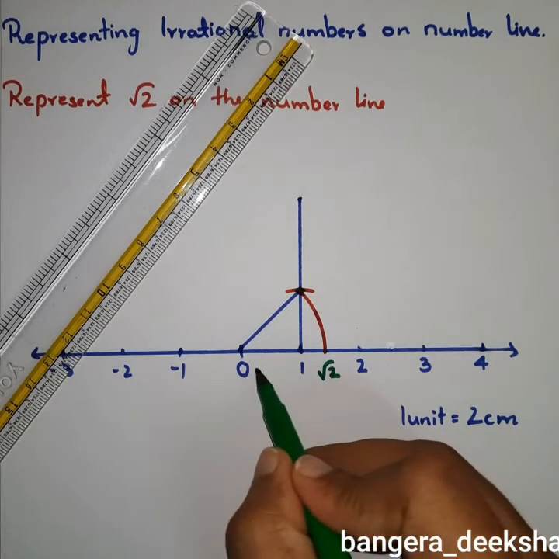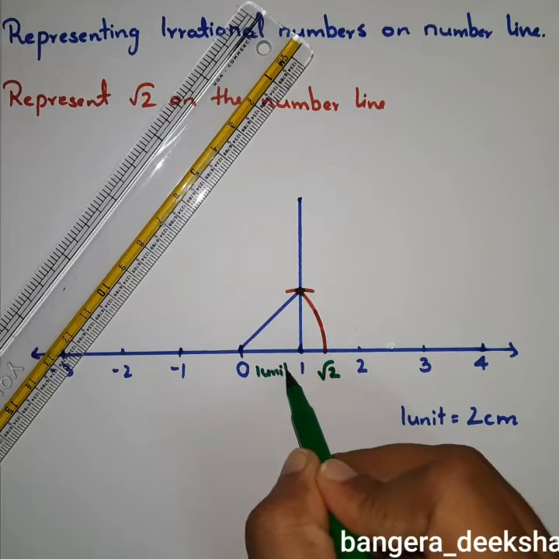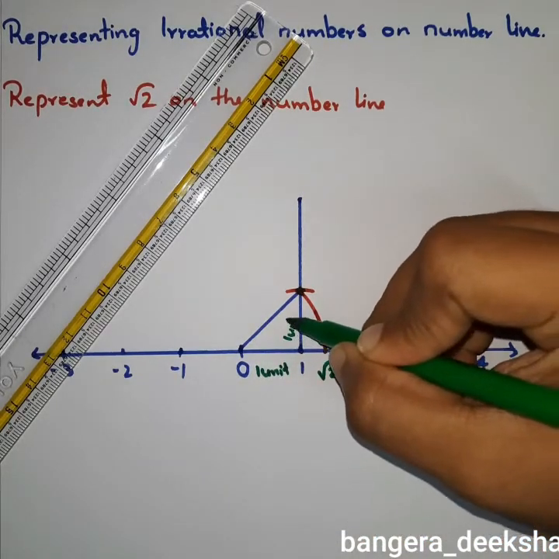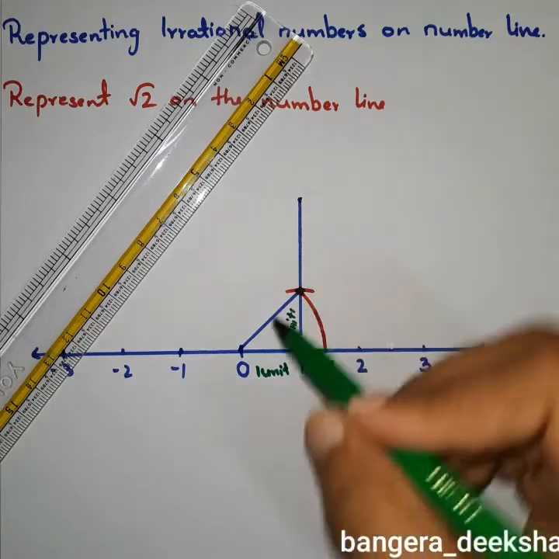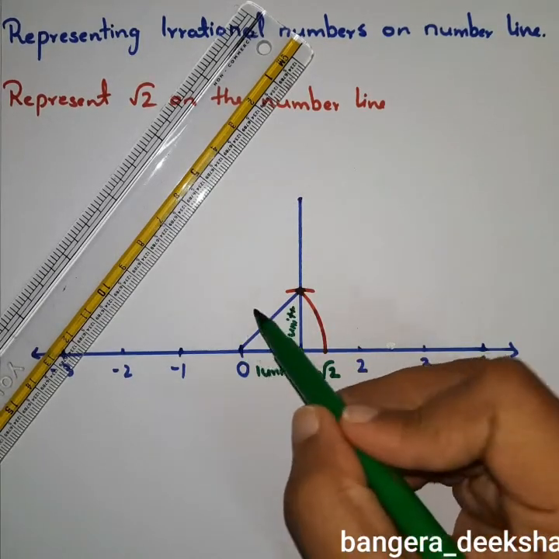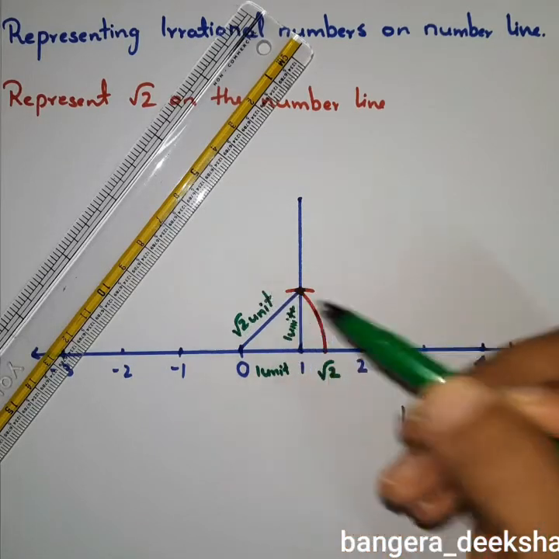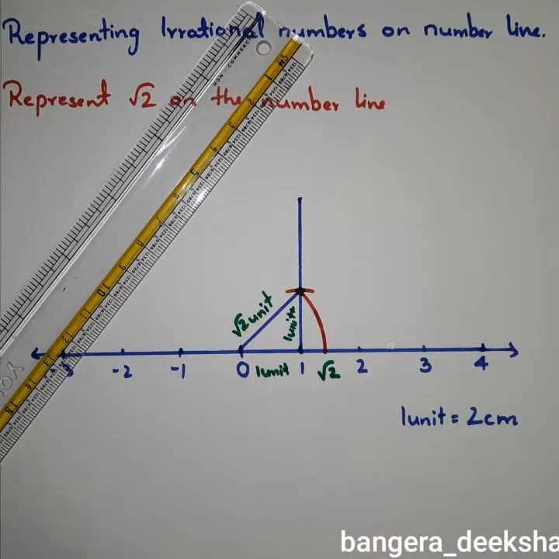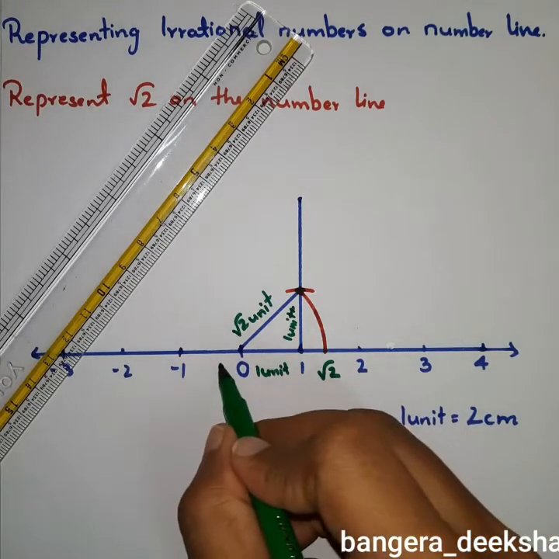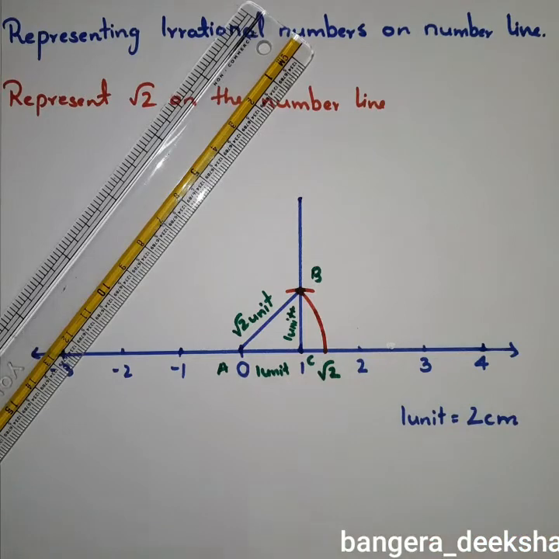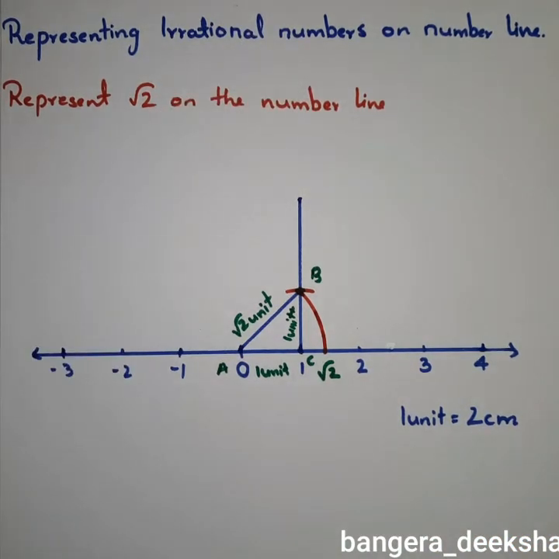I will write this is 1 unit. Similarly, this is 1 unit, whereas this is root 2 unit. Now labeling the triangle, you can label this as A, B, C. So that is your construction of root 2 on the number line.